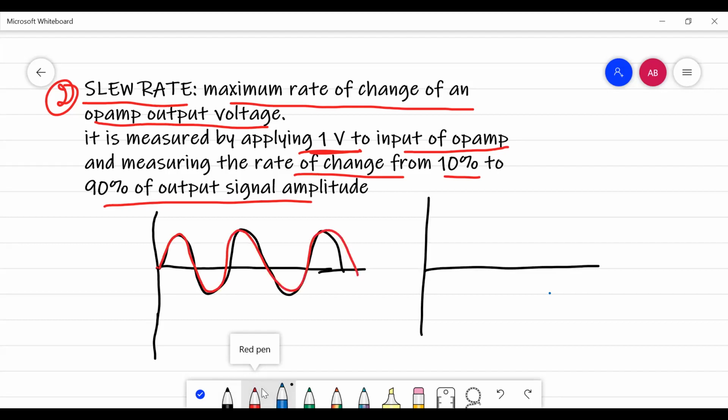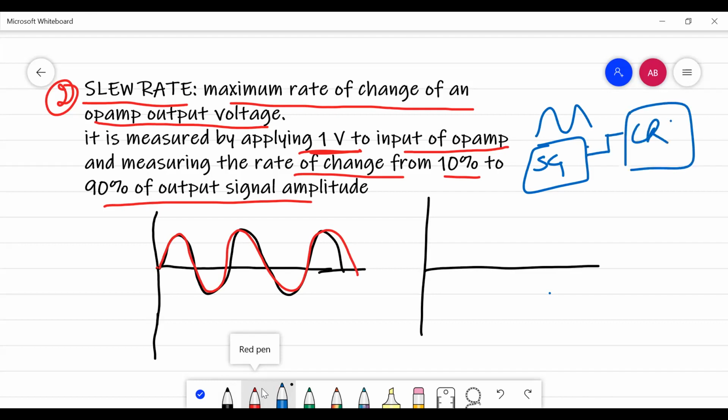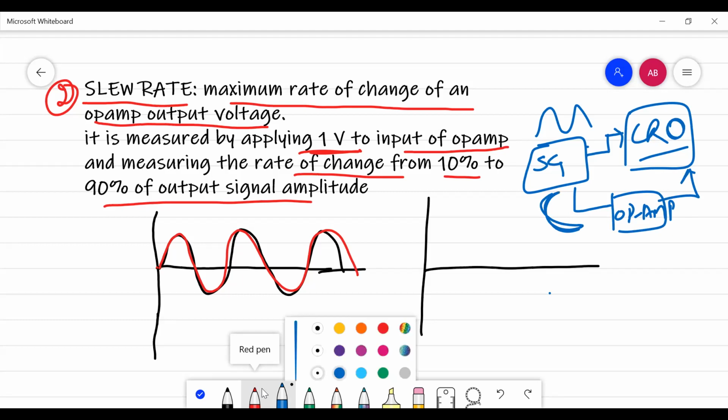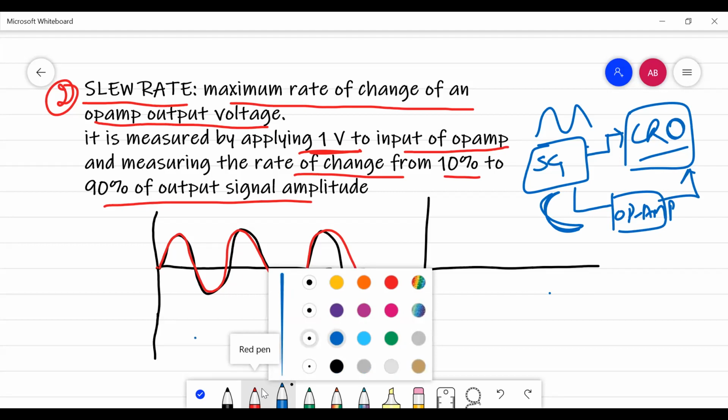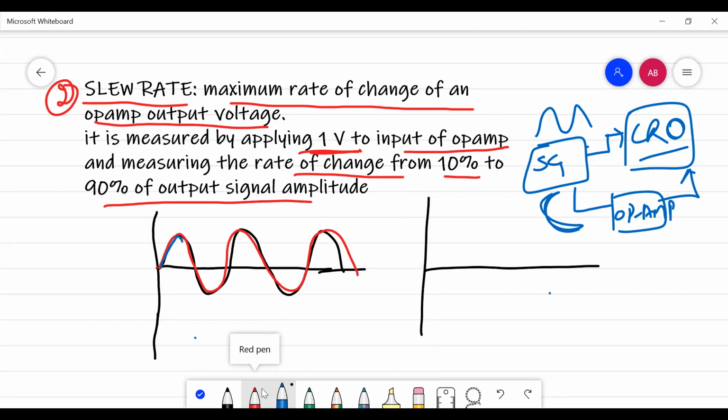But if you check the output, you take a signal generator and give a sinusoidal output from this to the CRO, and also give this to the op-amp, and from the op-amp again give the output to the CRO. When you match the two, the output will be just like a triangular wave.